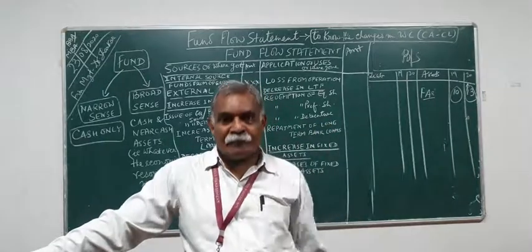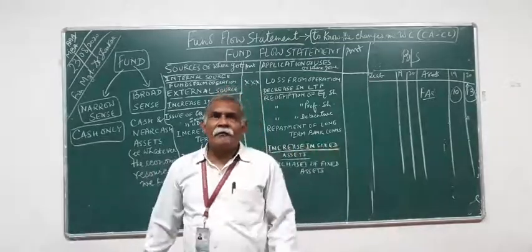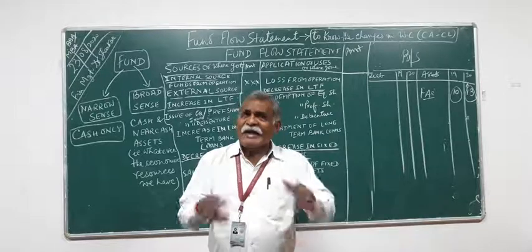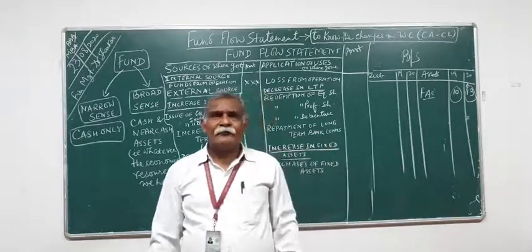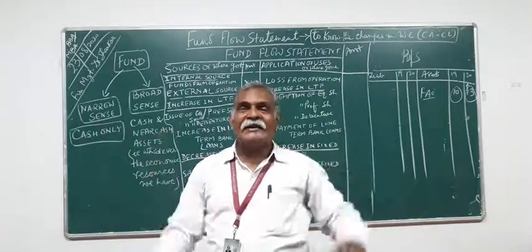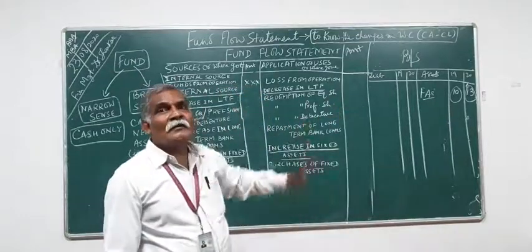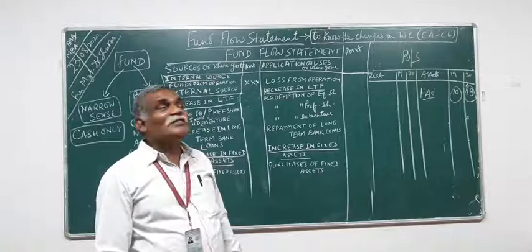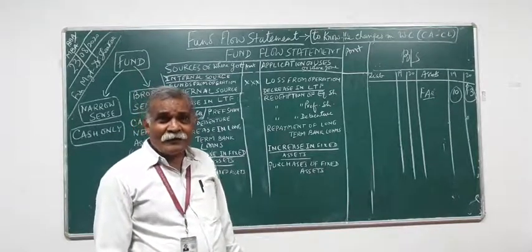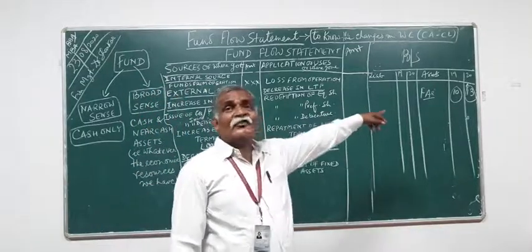Now you have 2 buildings. How do you have 2 buildings? Because I spent money, because I have utilized my fund. I have utilized my 3 rupees to get another building. So the amount of fixed assets I have now is not 10 but 13. So this 3 rupees, which side do you write in the fund flow statement? Obviously on the application side. Which type of change have you seen?